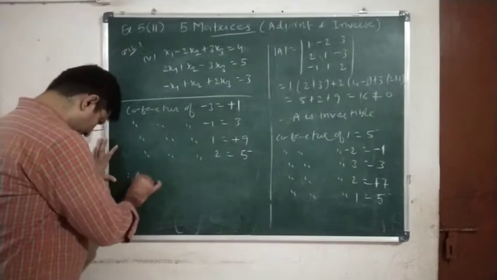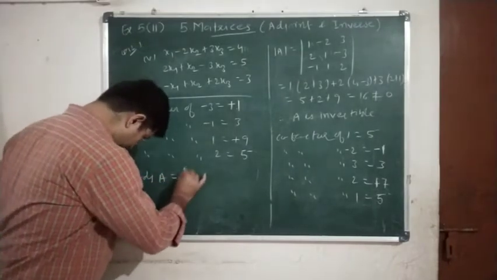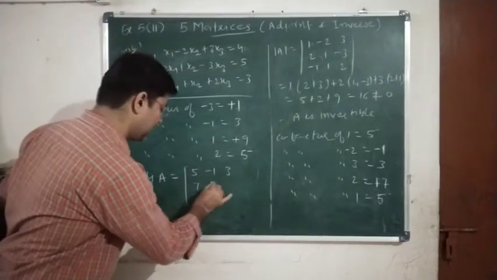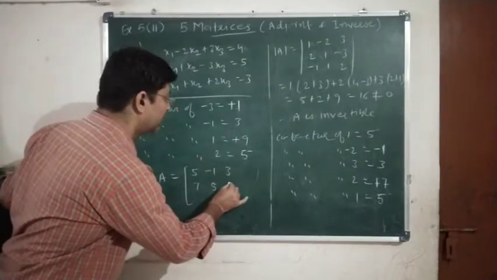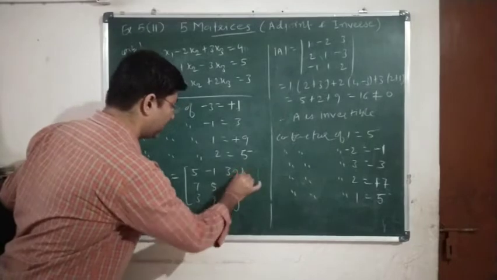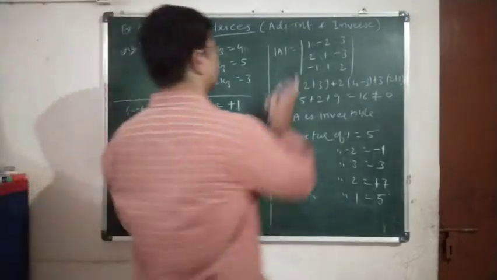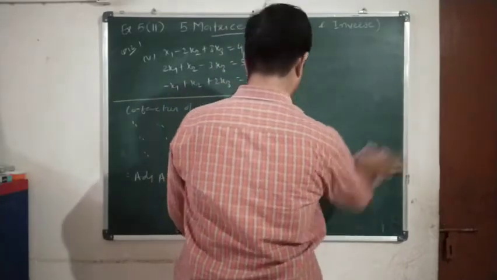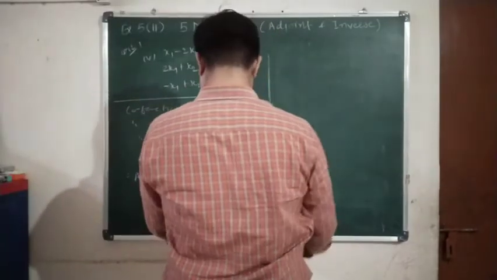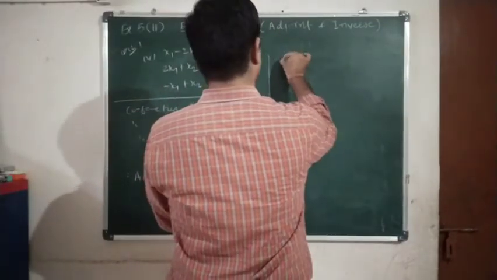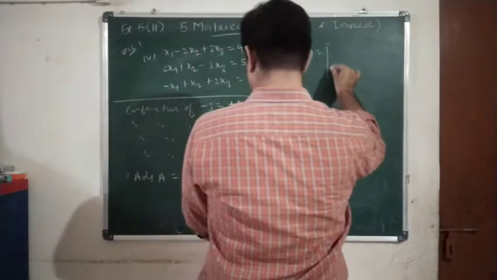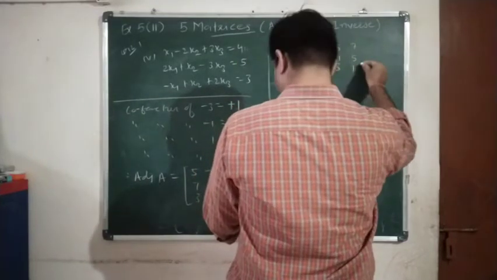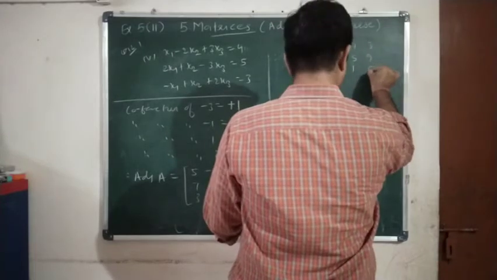Therefore we can write the adjoint of A is equal to 5, minus 1, 3, 7, 5, 1, 3, 9, 5, whole transpose, and therefore the adjoint of A is equal to 5, minus 1, 3; 7, 5, 1; 3, 9, 5.